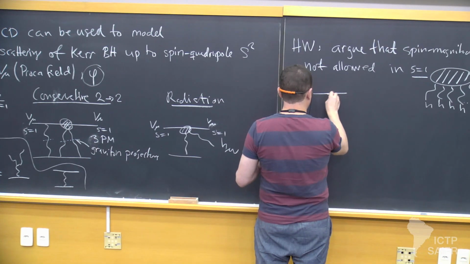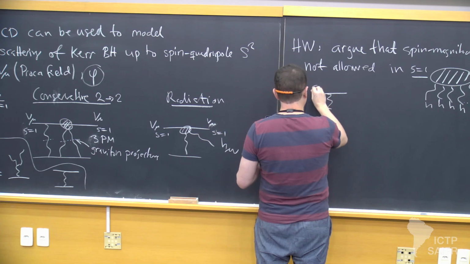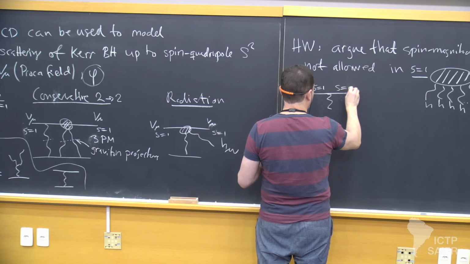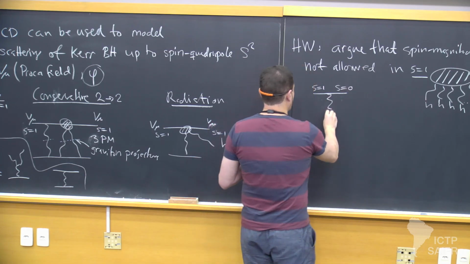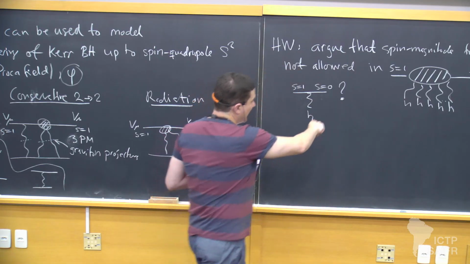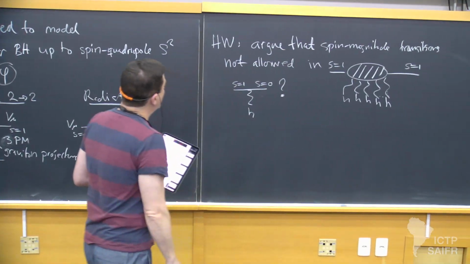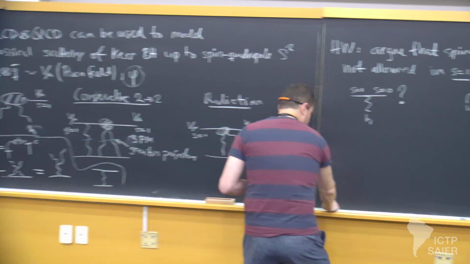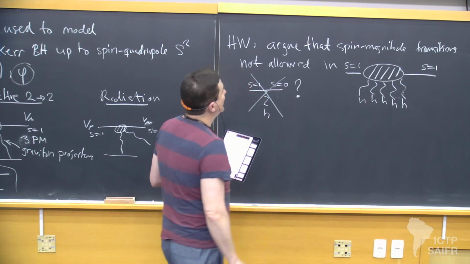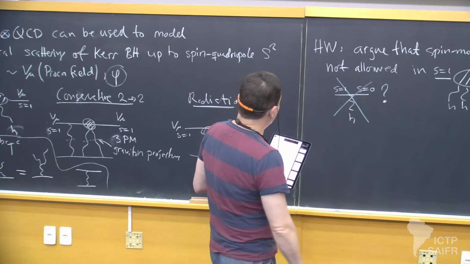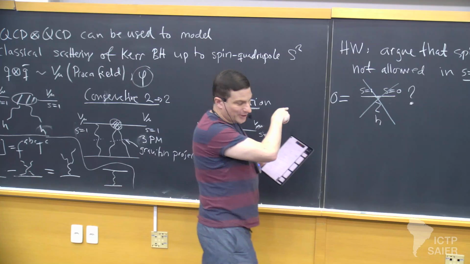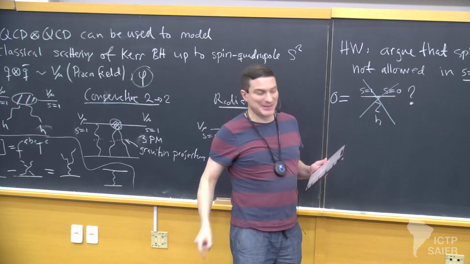And so the simple situation where this could happen is if you have a process where you're allowed to go from spin 1 to spin 0, then that obviously would contribute to this process. But my claim is that this is not allowed. So you have to say that this is 0. And my homework is, can you make the argument why that's a 0?